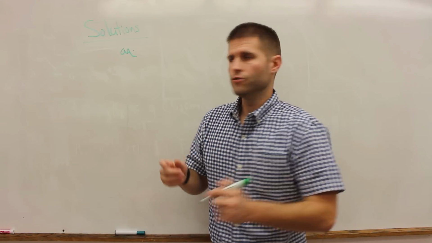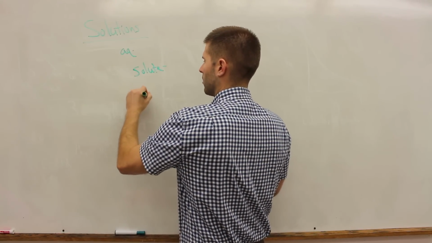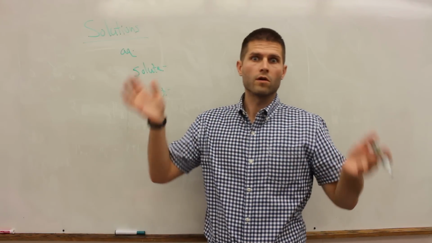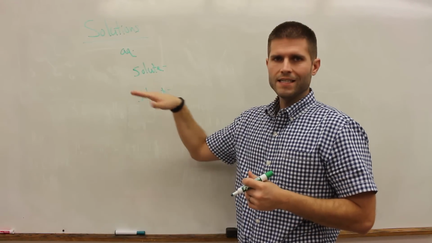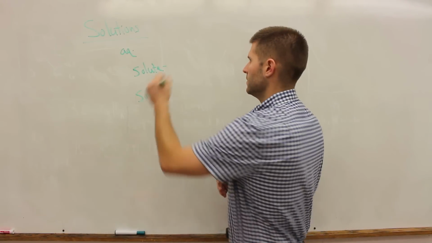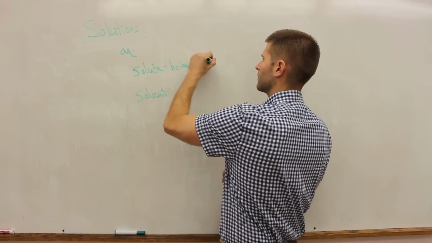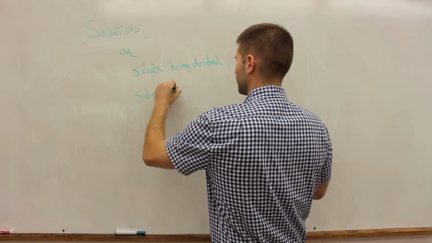One is the solute, and one is the solvent. So it's going to be made up of two or more different compounds or molecules. The solute is the thing that is being dissolved, while the solvent is doing the dissolving.